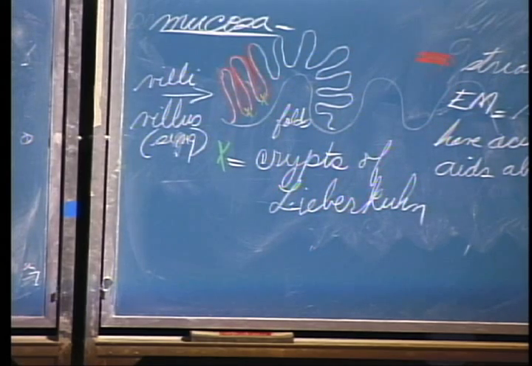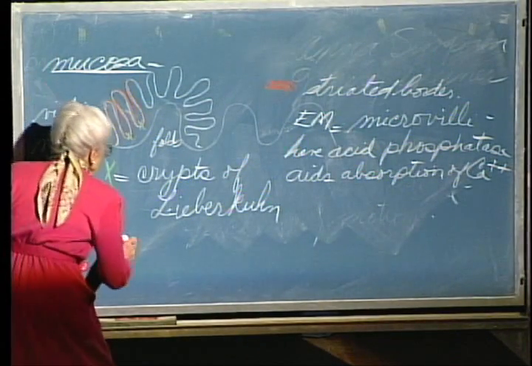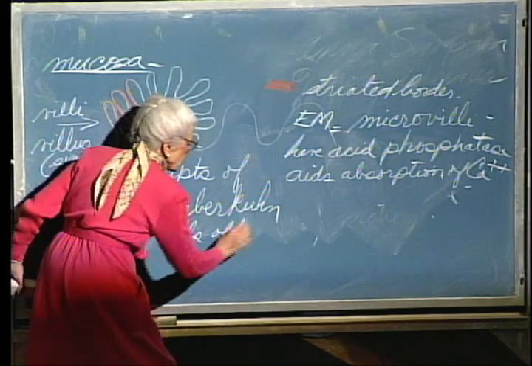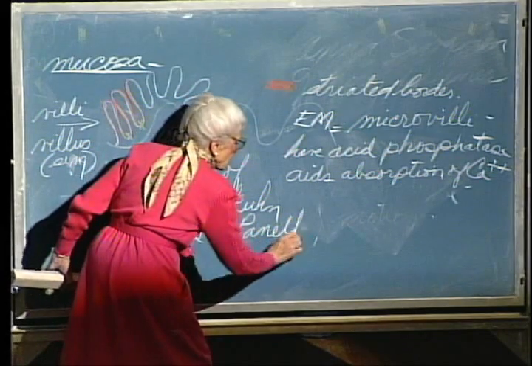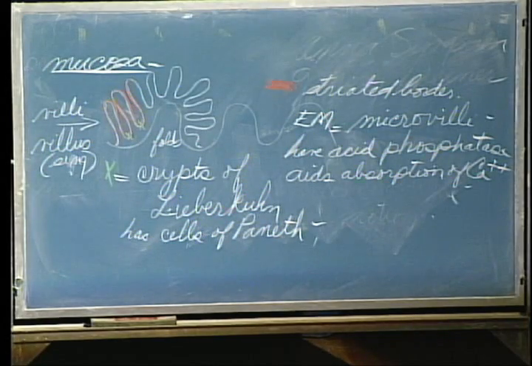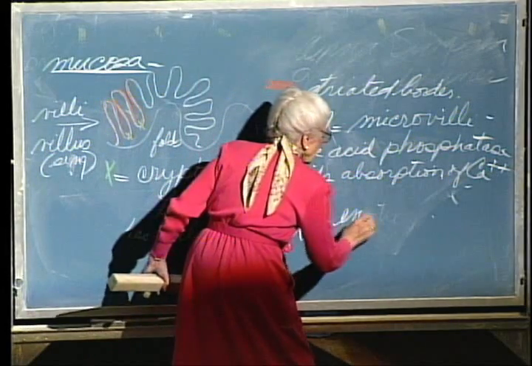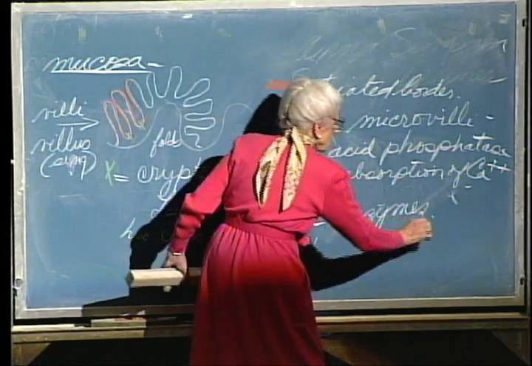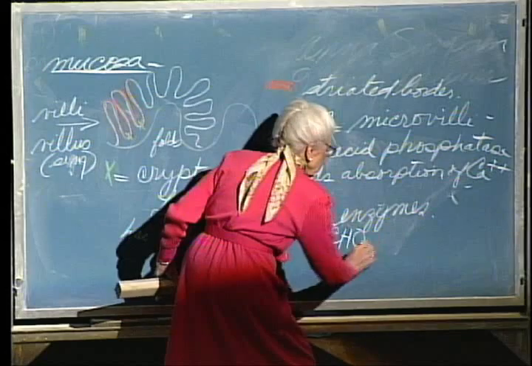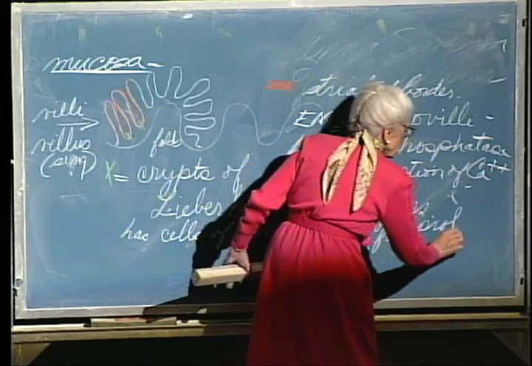They're cells called the cells of Paneth in the crypts of Lieberkühn. Has cells of Paneth. And the cells of Paneth then have enzymes for carbohydrate, fat, and protein digestion.